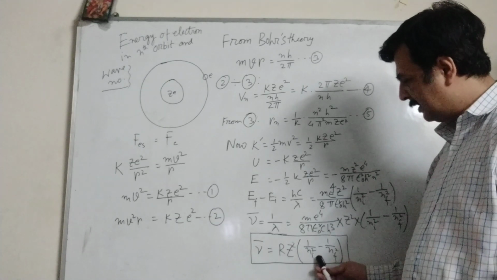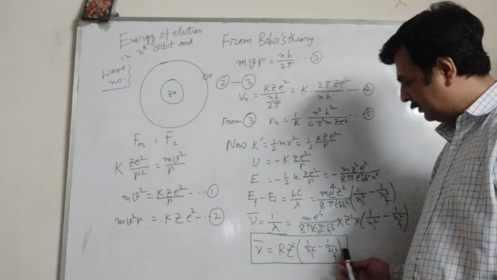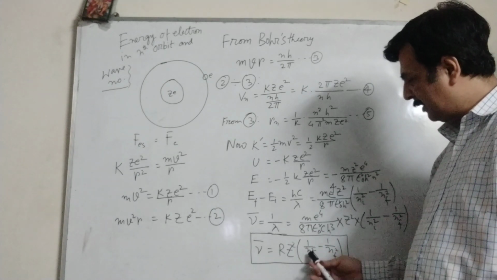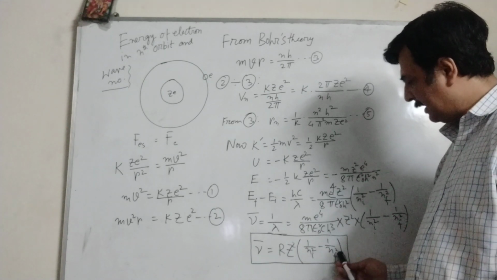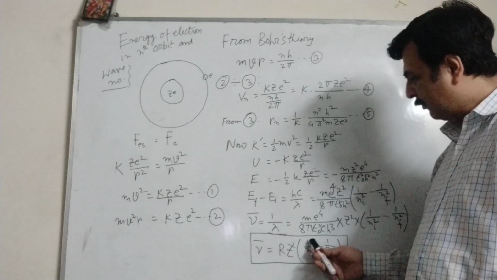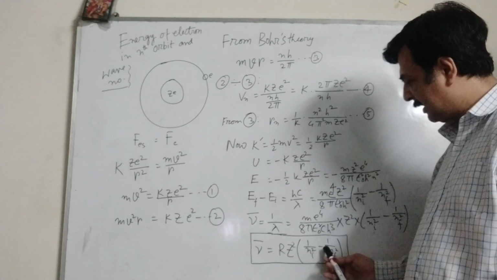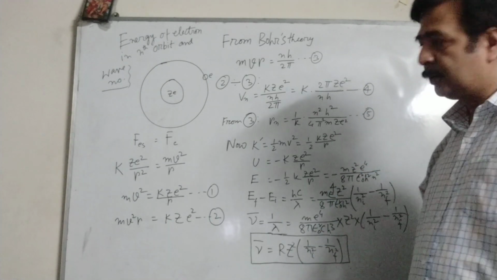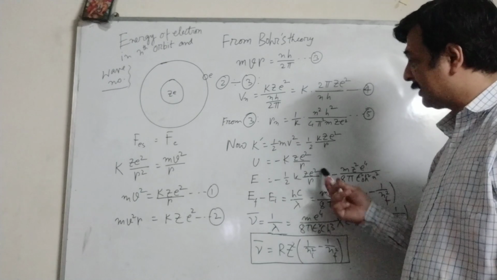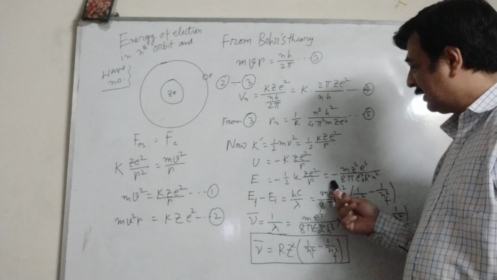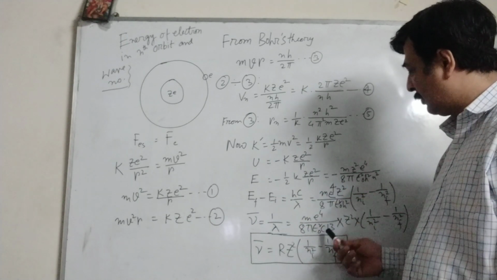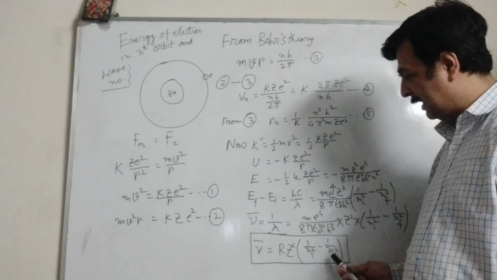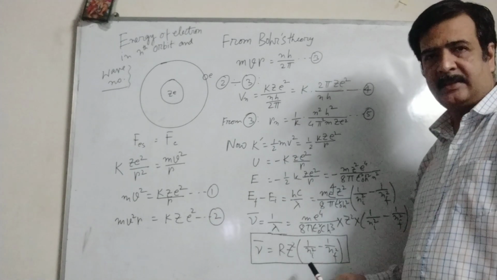For Paschen it is 1 by 3 squared minus 1 by nf squared, for Brackett it is 1 by 4 squared minus 1 by nf squared, and for Pfund 1 by 5 squared minus 1 by nf squared, and so on. So here you get the idea first of the energy, then of the wave number, and from the wave number you get the idea of the spectral series.